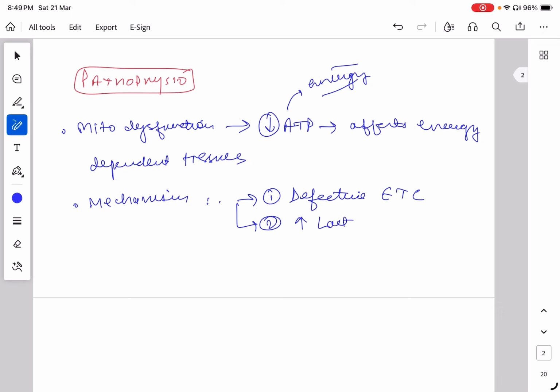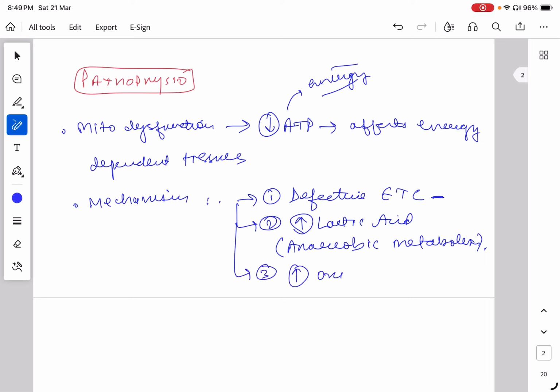Increased level of lactic acid, because lactic acid production takes place in anaerobic metabolism. If the electron transport chain is not functioning properly, mitochondrial dysfunction is there. So increased lactic acid production because of anaerobic metabolism. And overall, this increases the oxidative stress inside the cells or body.